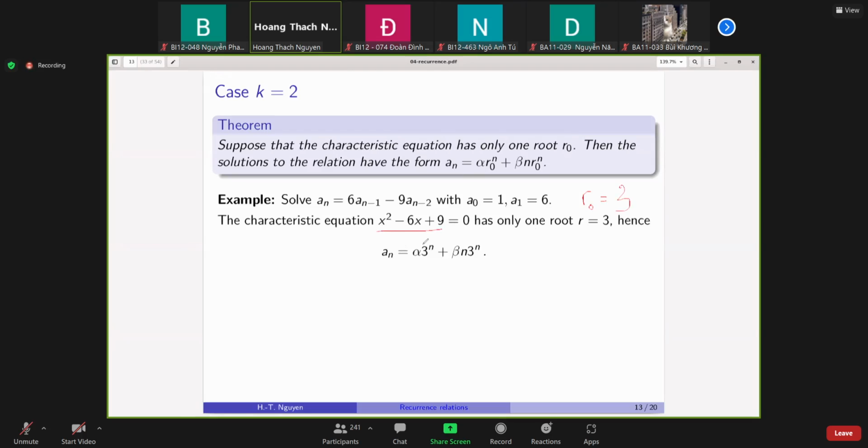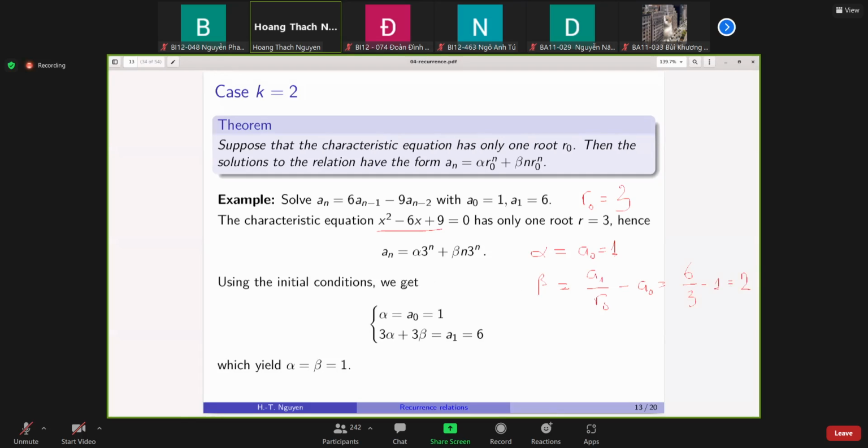So if we apply what we have seen, we have alpha equal to A0, which is 1. Beta is equal to, what did we have? We have A1 over R0 minus A0, which will give us, can someone tell me, 6 over 3 minus 1, which is 2.